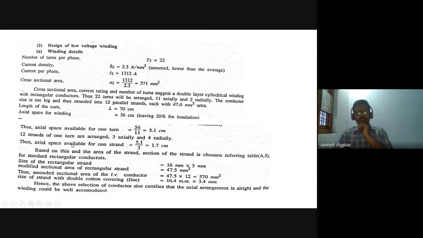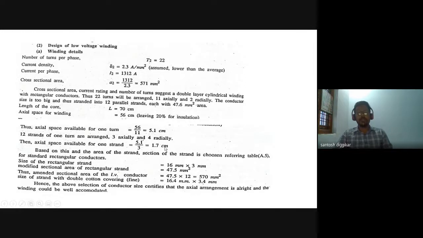Then the axial space available for one strand: we are taking 12 parallel strands, and the 12 parallel strands of one turn are arranged 3 axially and 4 radially. So 5.1 divided by 3 is 1.7 centimeter.